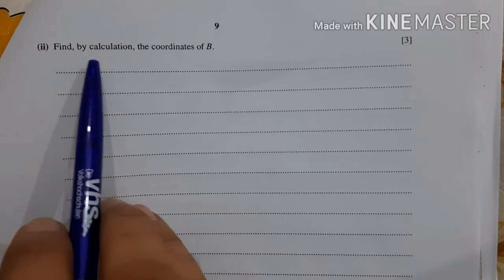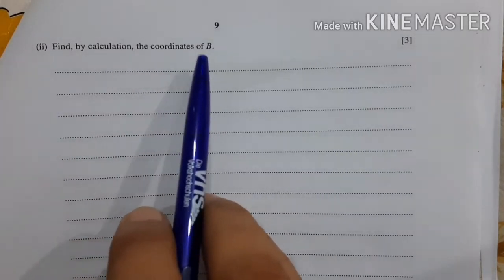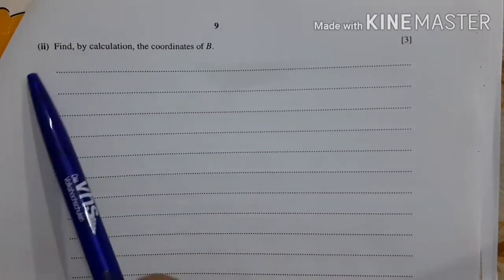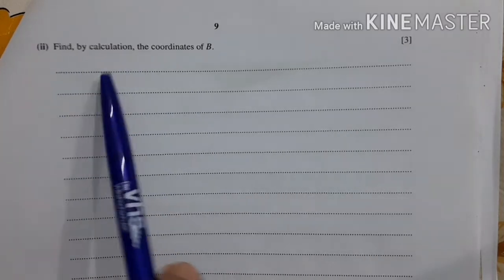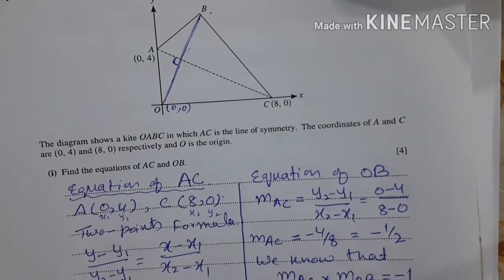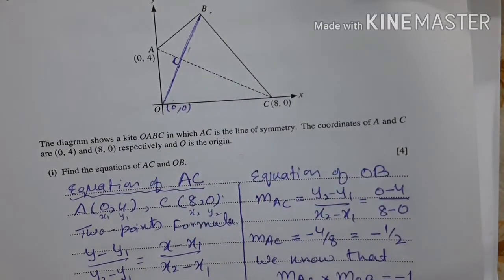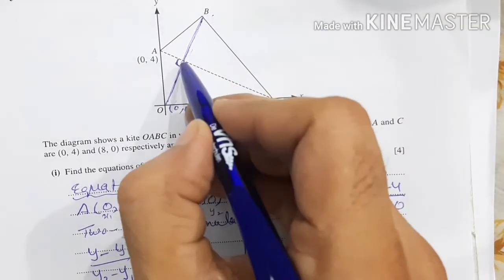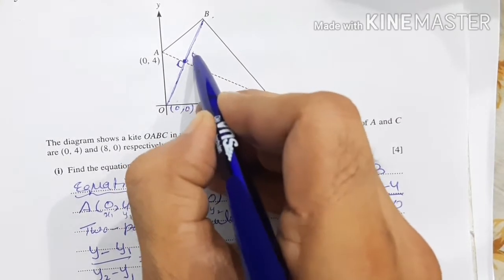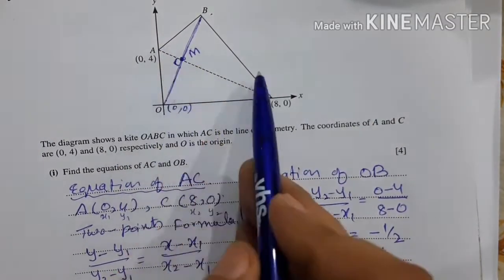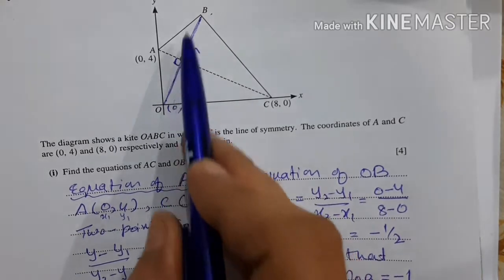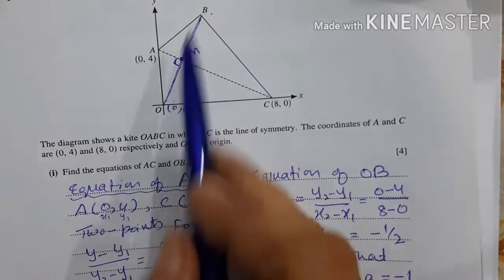Part 2. Find by calculation the coordinates of B. Okay. For this we need to consult the figure again. If we see the figure, this is the midpoint of both of these diagonals.